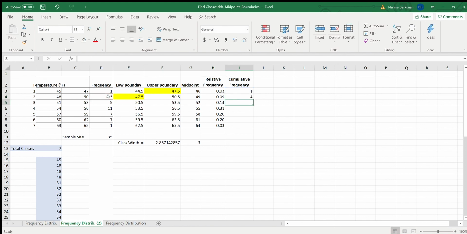And so on. Once I drag down, the last one, guess how much it would be? 35. See that? 35, it's the sample size. Let me change this color. Which is equal to my sample size, the last one.